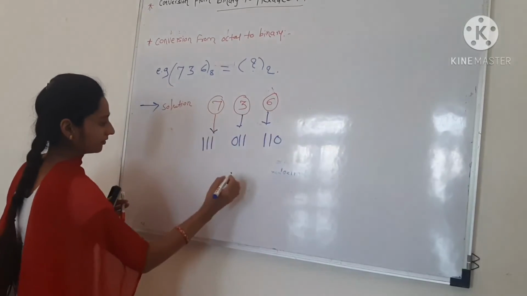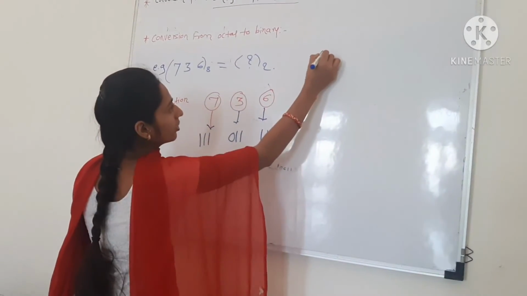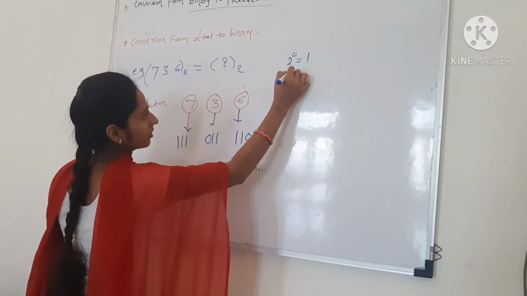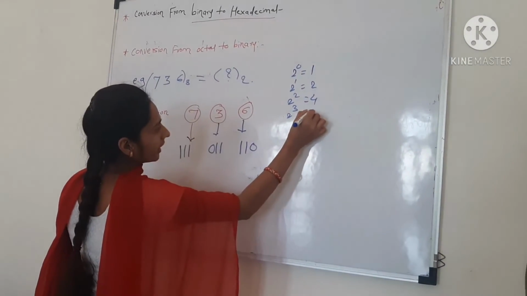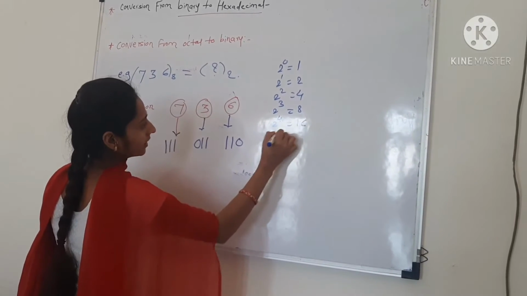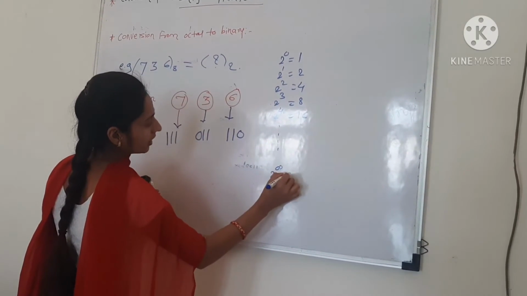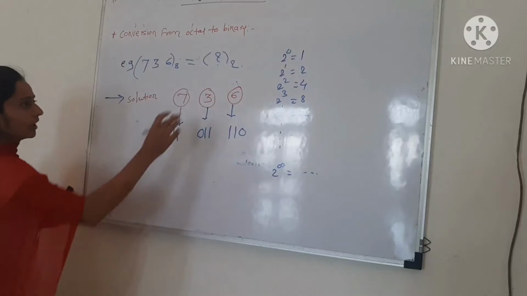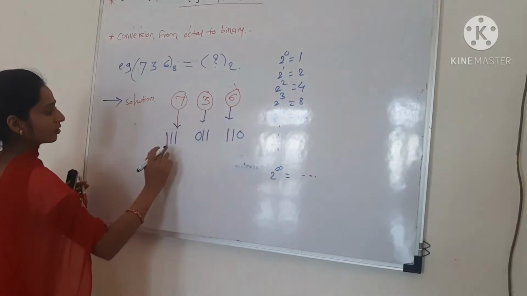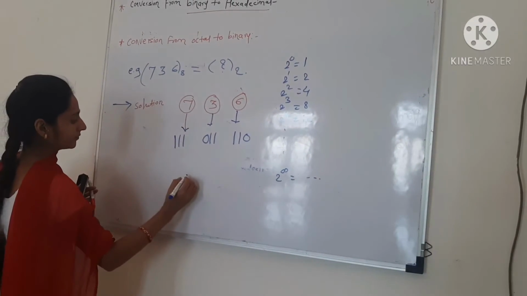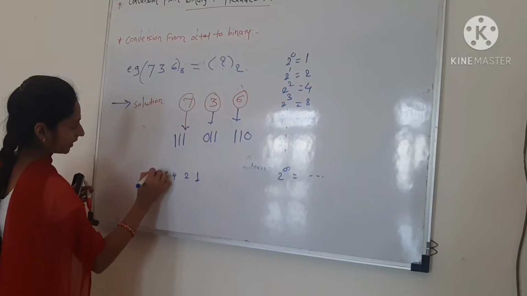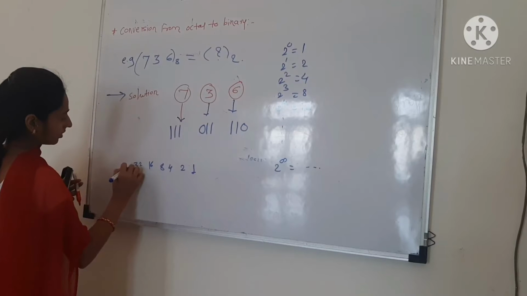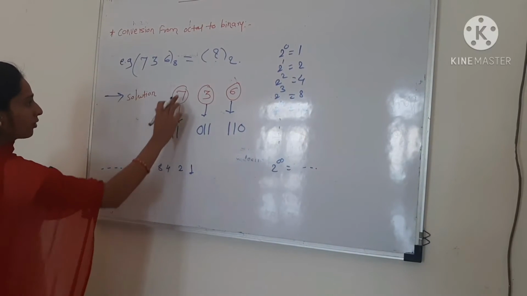So let's see. We write here 2 raised to 0, 1, 2, 4, 8, 16, likewise up to 2 raised to infinity. These are the place values we are taking. So how does 7 come?